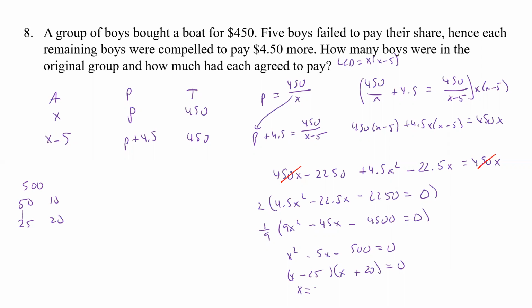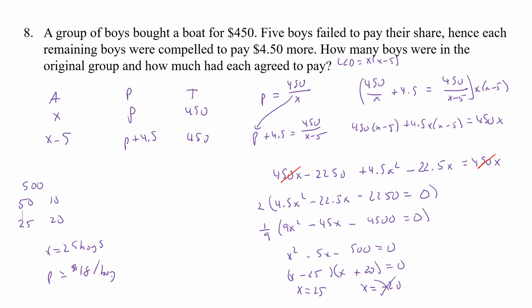So x equals 25 or x equals negative 20. Well, there's not going to be a negative 20 boys, so I'll have x equals 25 boys, and the price they paid was the 450 divided by the 25, which is $18 each.